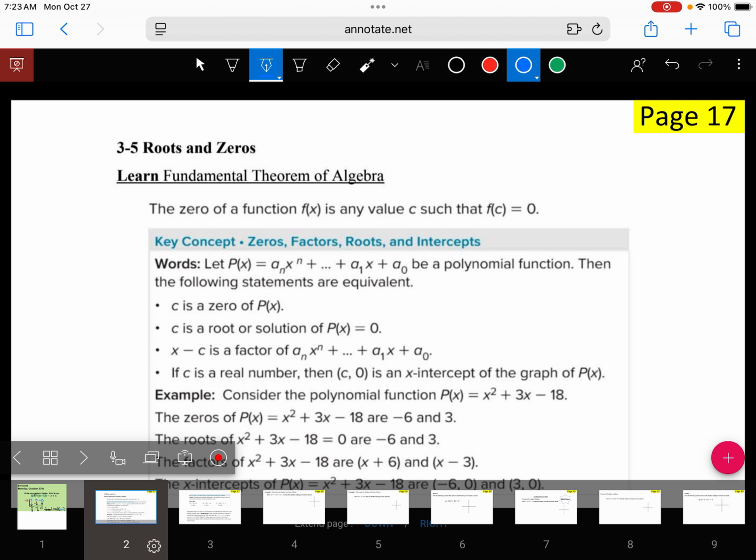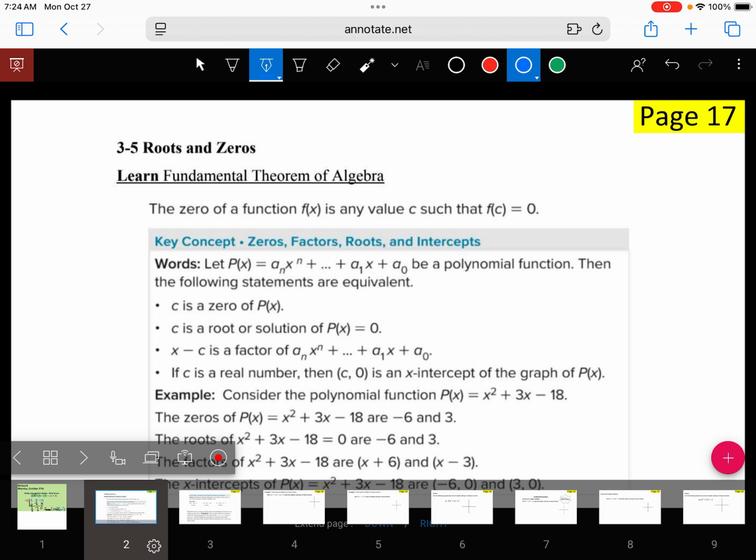So there's a lot of vocabulary on this page. The main thing to keep in mind is there's a couple of key things. The first thing that you might want to underline or circle or highlight is that c is a 0.